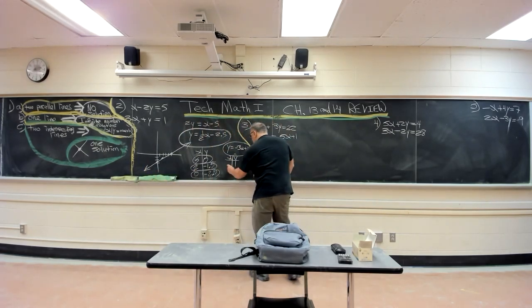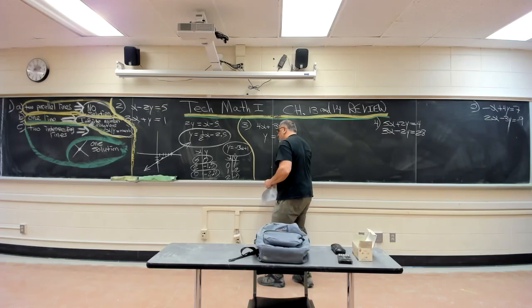For this one, put a 0 in here and get 1. Put a 1 in here and get negative 2. Put a 2 in here and get negative 5.